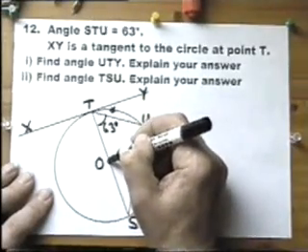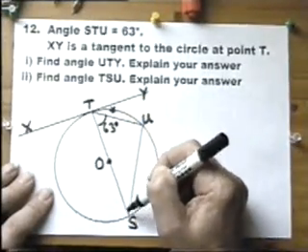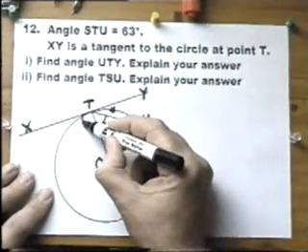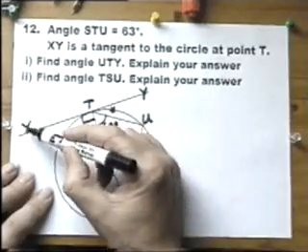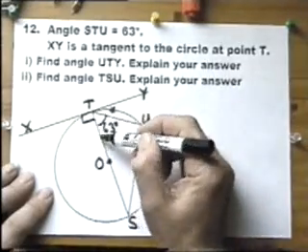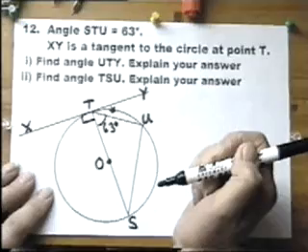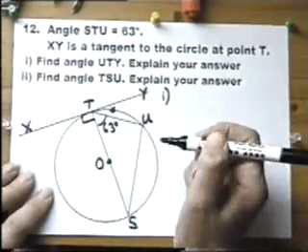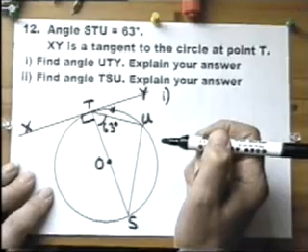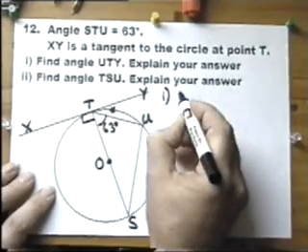It passes through the centre because you're told that it does. And it's a circle theorem fact, or angle fact, that the angle between a tangent and a diameter is always 90 degrees. So part 1 is to take 63 away from 90, leaving you with 27.